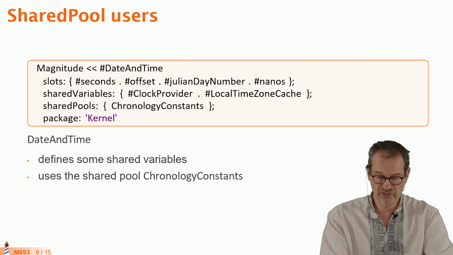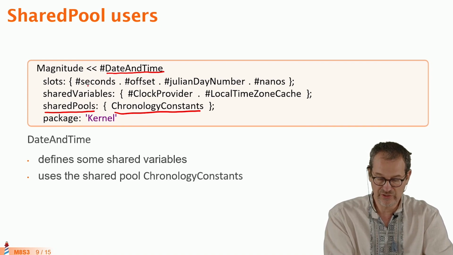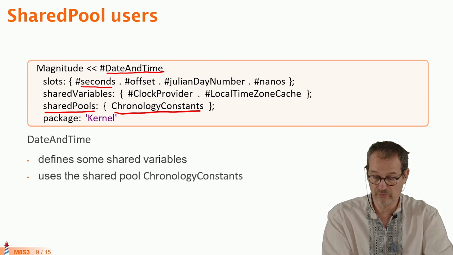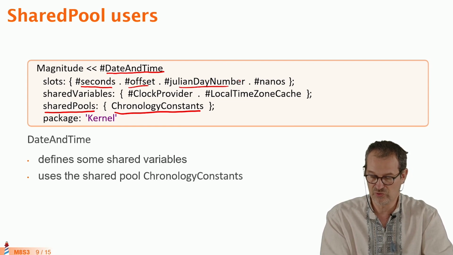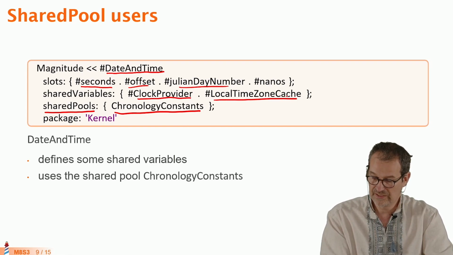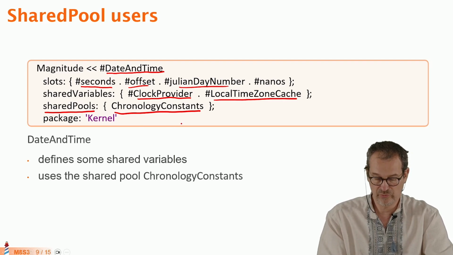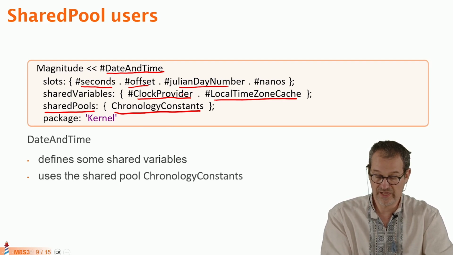Now imagine DateAndTime. If DateAndTime wants to access all this logic, it will just say, I want to use the shared pool ChronologyConstants. Notice that you can also define its own instance variables, there is no problem: DateAndTime will have seconds, offset, Julian day number. It can also define its own shared variables and reuse this group of shared variables, which have been initialized, so you can use them.